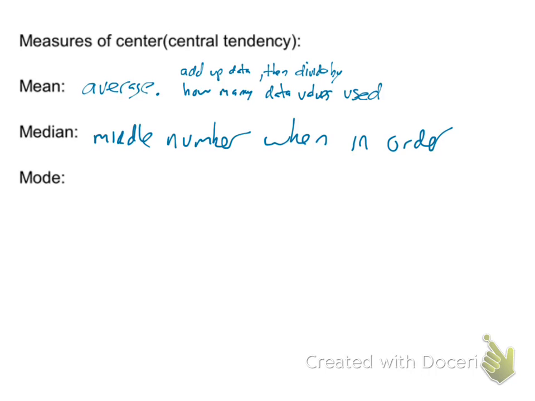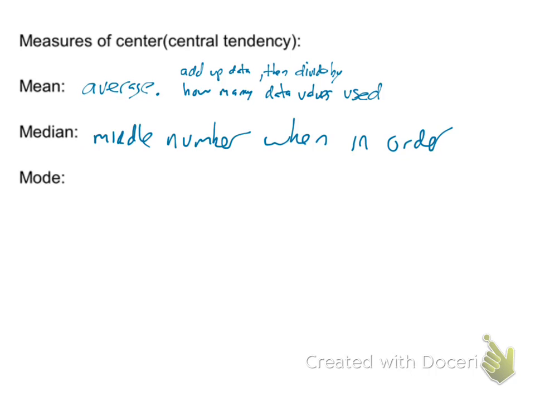It's the middle number when in order. Now, what happens if your group has an even number of data? Abby? You take the average of the middle two.